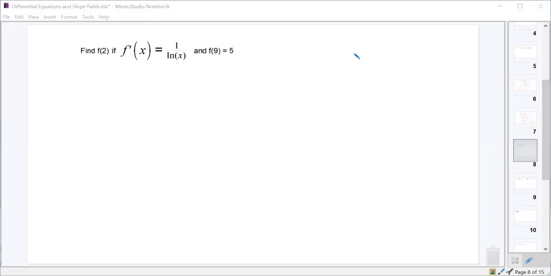All right, you guys want to try and do this one on your own? All right, I'll give you a minute or two to work through it and see what you get. Ready, go. All right, so hopefully you said f of x is equal to an integral of 1 over ln t dt plus a constant.